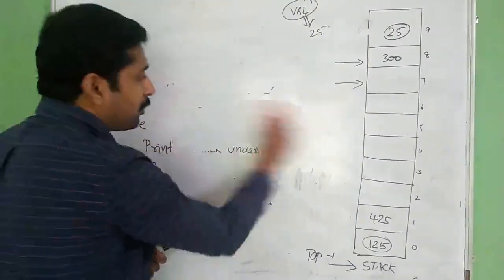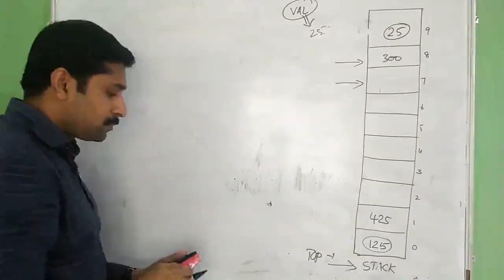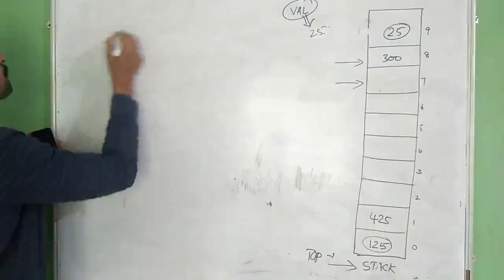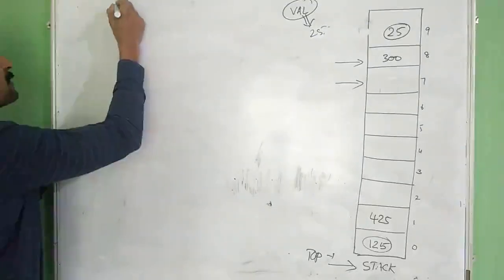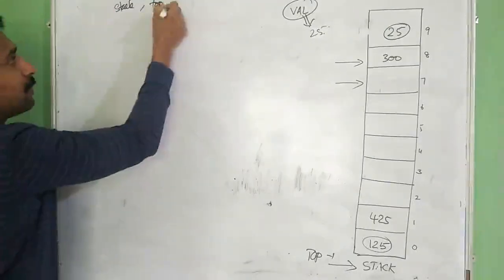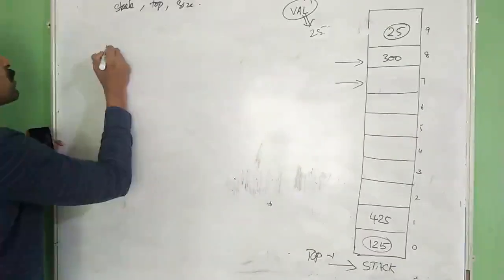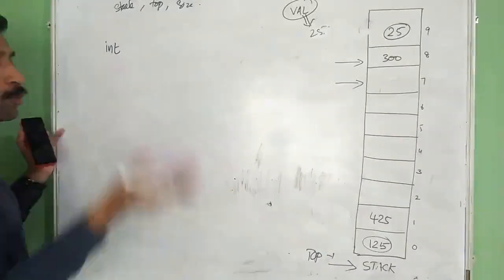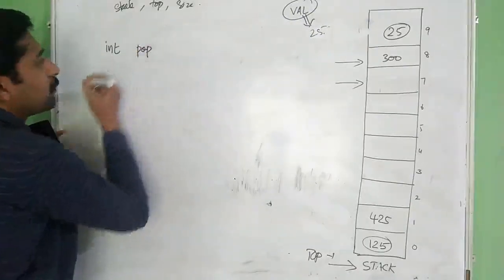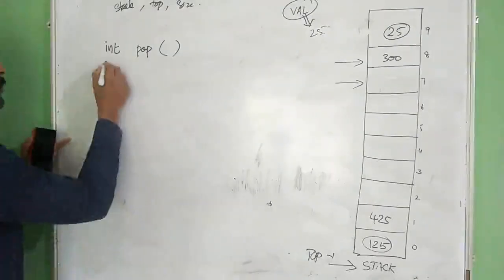So we can write a function for pop operation. C++ function for performing pop operation. Suppose again stack is a global array. We have top as a global variable, and we have size, not required here. So the integer value is returned from the function pop, no arguments.